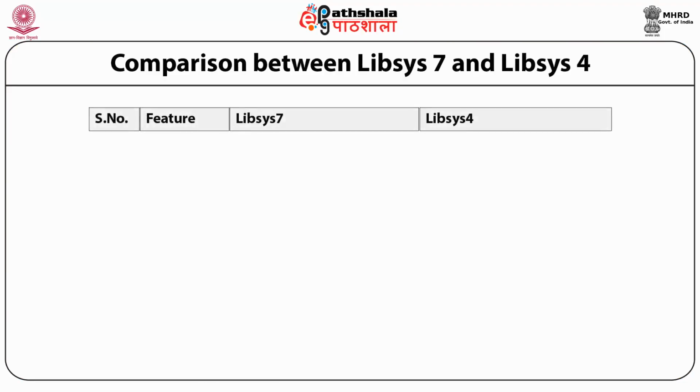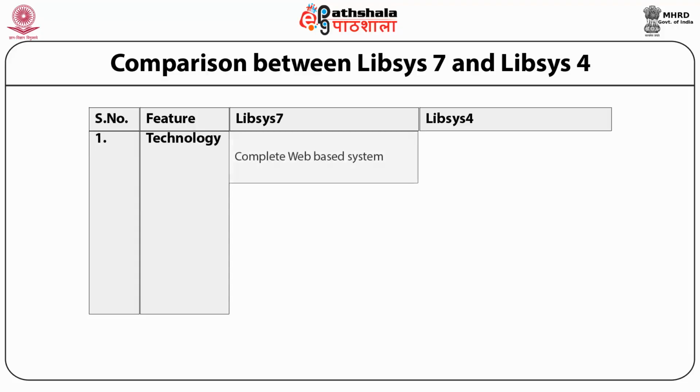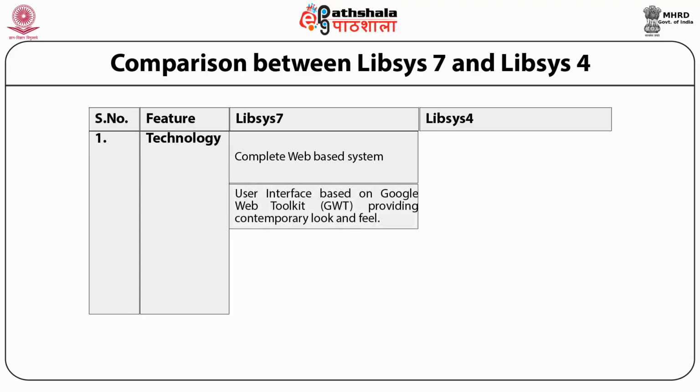If we compare LIPSIS 7 with LIPSIS 4, as can be seen on the screen, we have a lot of additional features available in LIPSIS 7. Technology-wise, LIPSIS 7 is superior as it is a completely web-based system and uses a user interface based on Google Web Toolkit.